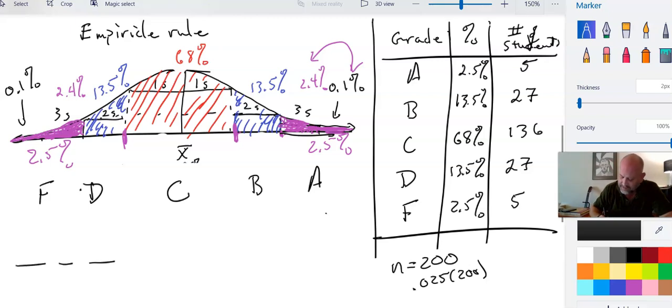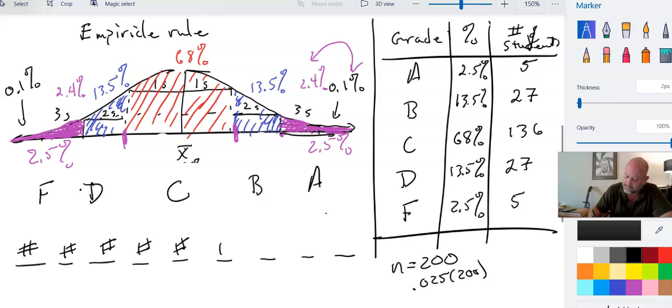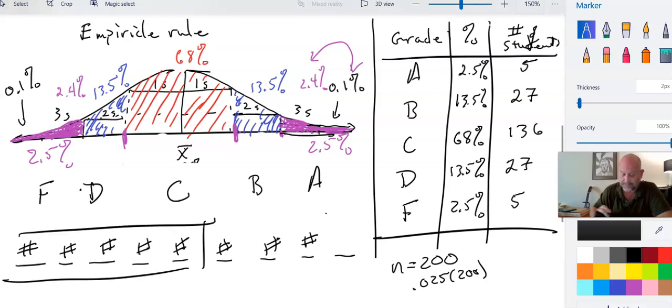All the scores get listed, right? So you have all these different scores here, and there's 200 of them. And you list them in order from largest to smallest. The first 5 get A's, period. Doesn't matter what the score is. That's why I just wrote pound signs.